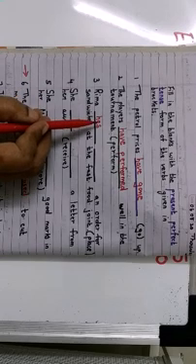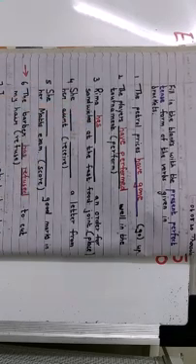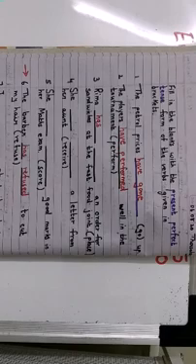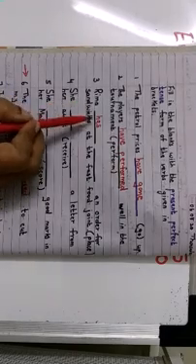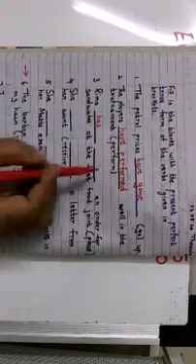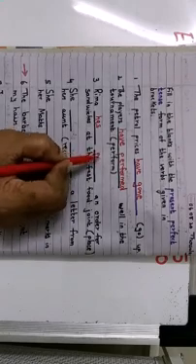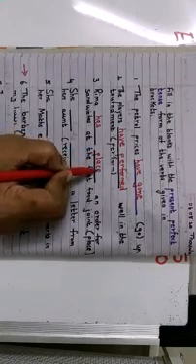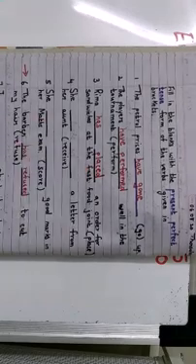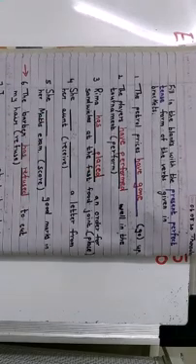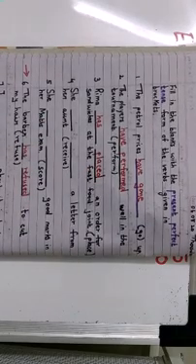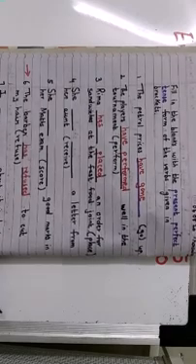Has is singular, have is plural. But when it is I, we use have. Remember this, children. Reema has place. So place will be what? Placed. Reema has placed an order for sandwiches at the fast food joint.